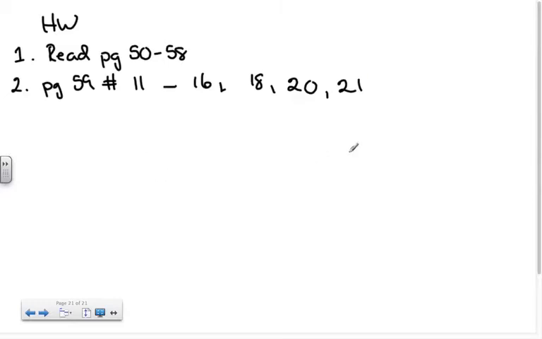And then do 50 through 54 evens. And then do 50 to 55, actually. So that's all the homework I want you to do for this section.